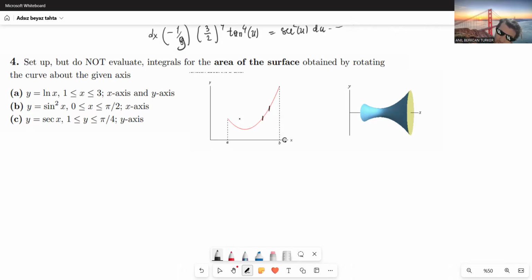So let's say this is the part you get to rotate. So we have, let's say, delta x. Okay, this is delta x. But there is some corresponding, around this delta x, you are rotating like this.